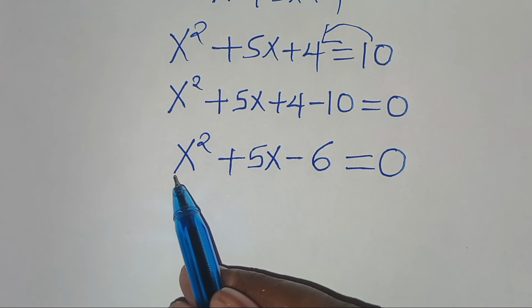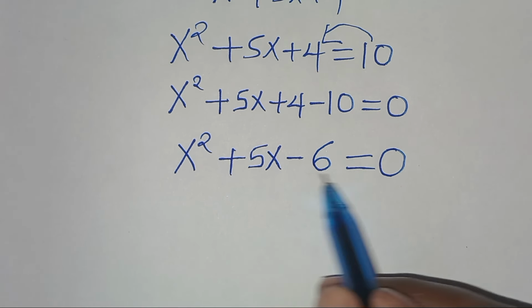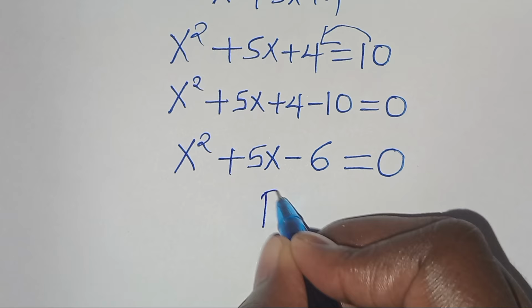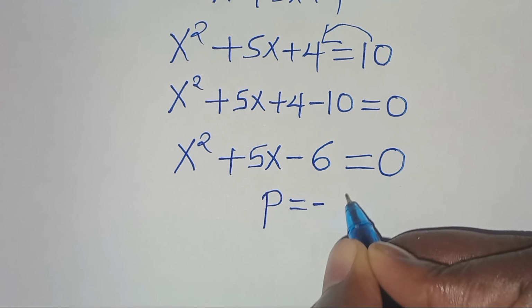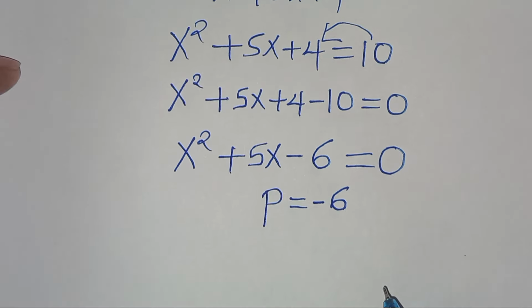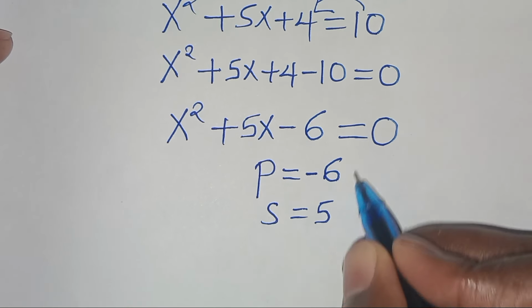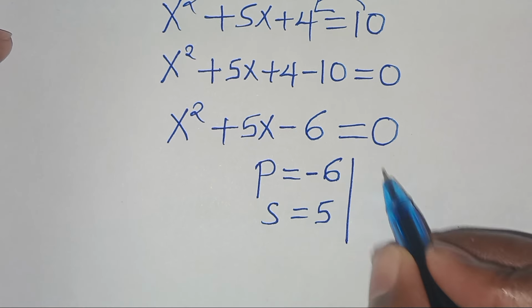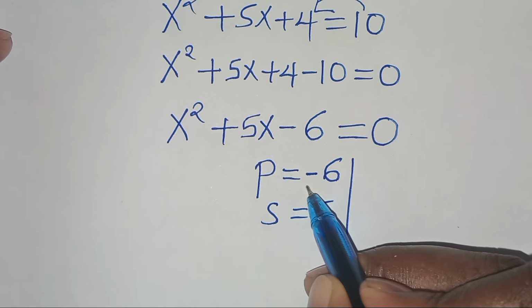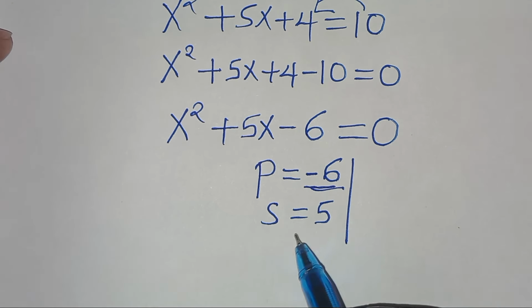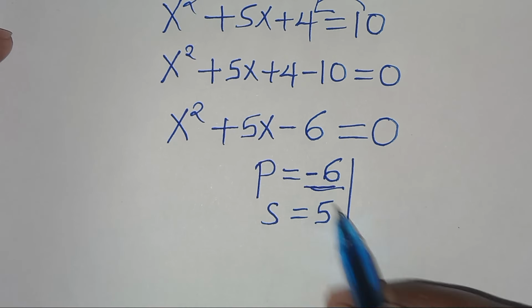So we can solve this quadratic equation by factorization here. We have the product here equal to minus 6. And now we have the sum equal to 5. So let's identify two factors. If you multiply those two factors, we need to get a value of minus 6. If you sum those two factors, we need to get a value of 5.